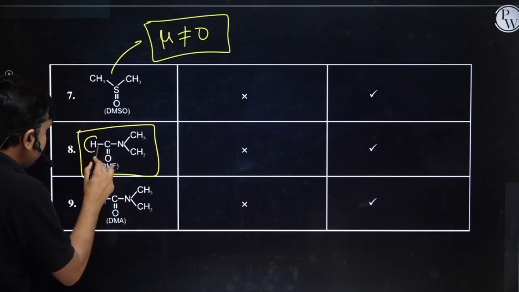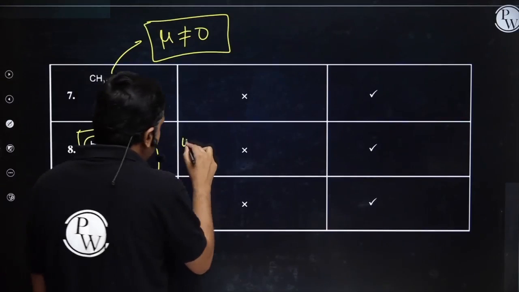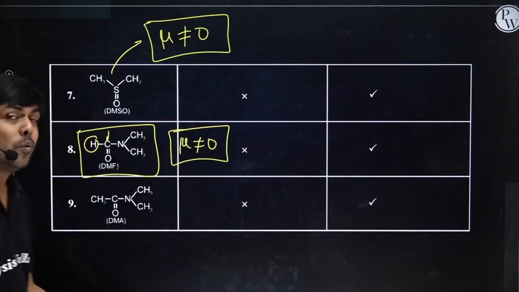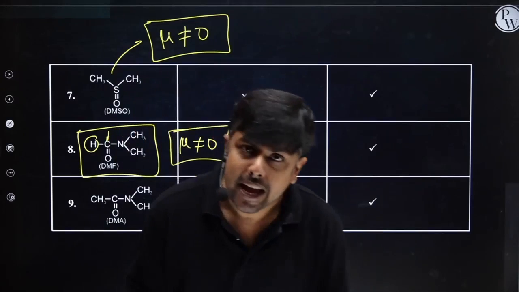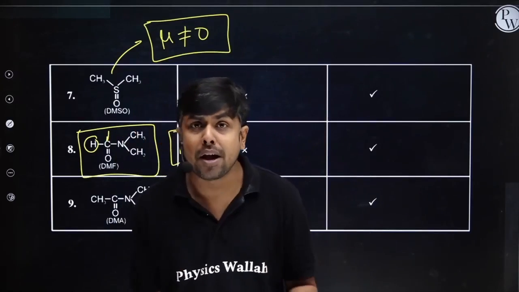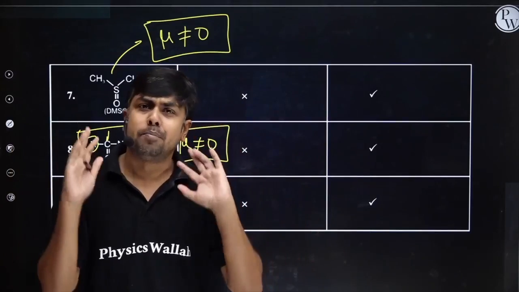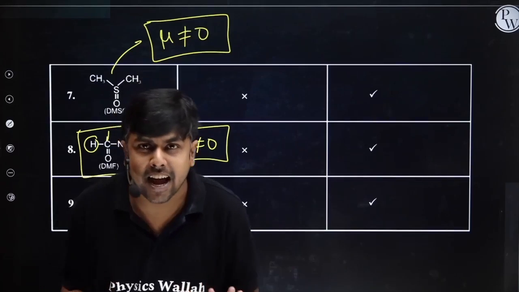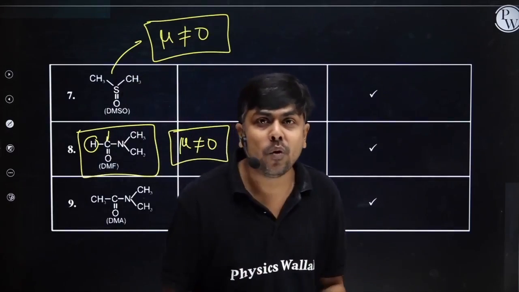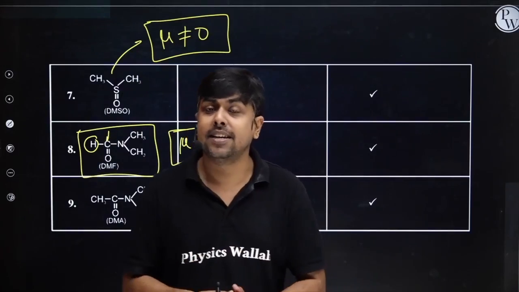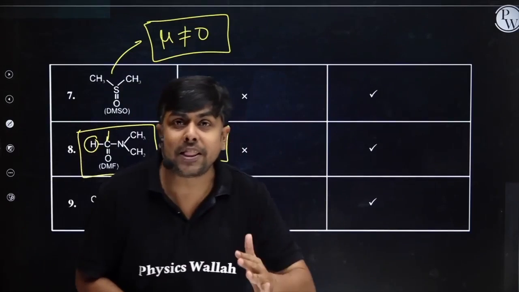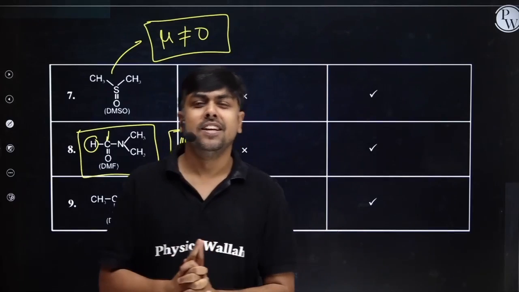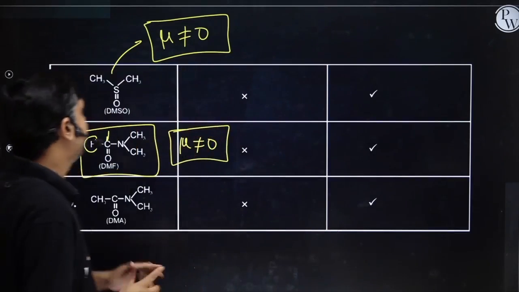Hydrogen is attached to carbon, but the dipole moment is non-zero, so it's a polar aprotic solvent. DMA, once again, it's also a polar aprotic solvent. So DMSO, DMF, DMA, all these are polar aprotic solvent. They have a tendency to solvate cations, whereas water, alcohol, acetic acid, formic acid, ammonia, all these are the examples of polar protic solvent. Am I clear, students? Now let's move ahead.